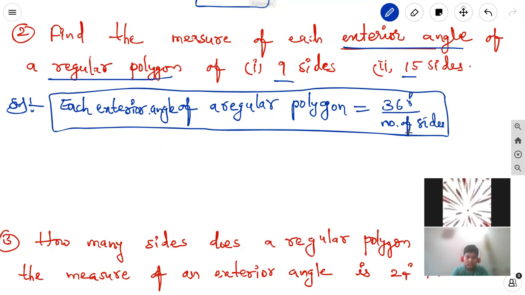When we know the number of sides, so we can find out the exterior angle. Why? Because in the regular polygon, each and every exterior angle is also same. Here they have given n equal to 9 equal to number of sides. So from that, we can find out the first case, exterior angle.